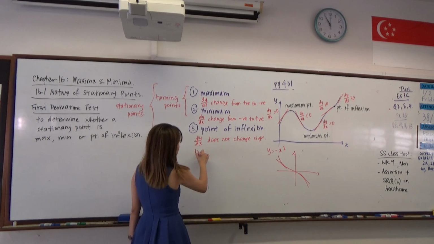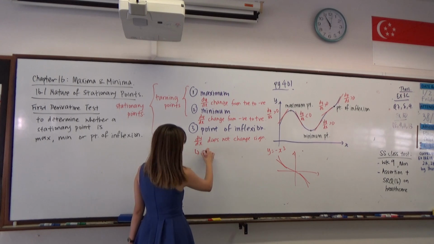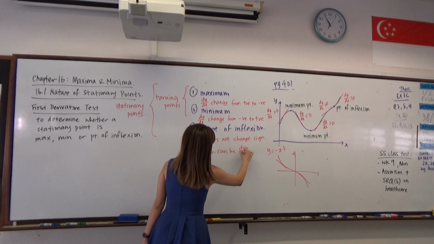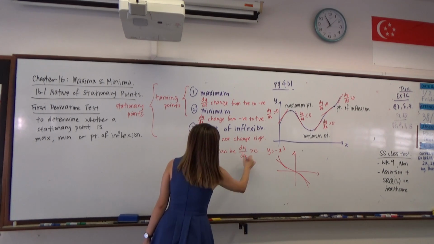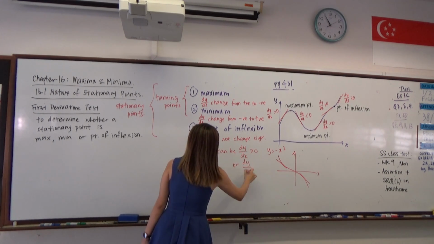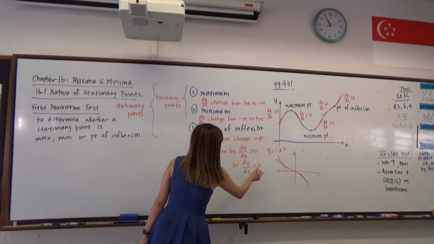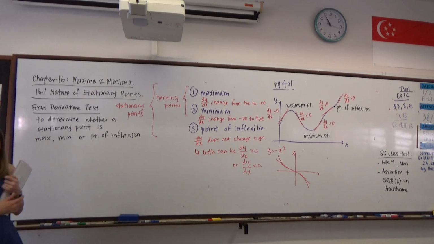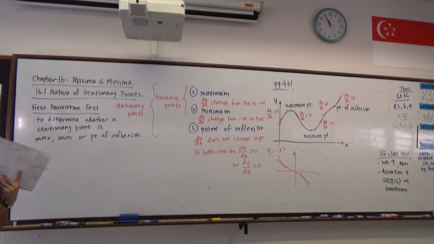So both sides can be, I'll just write loosely over here, dy over dx more than 0 or dy over dx less than 0. Any questions?